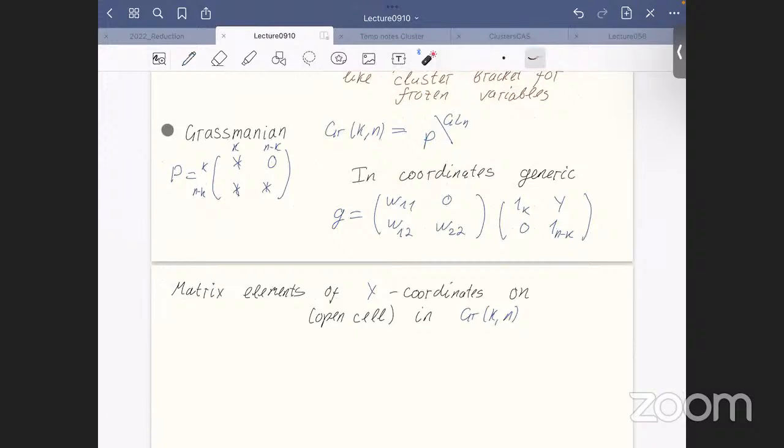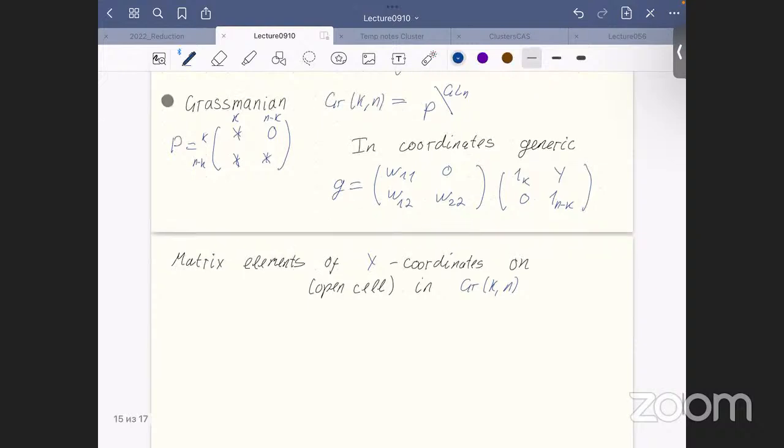In other words, we take a submatrix of G which consists of the first k rows, and multiply by a k by k matrix W11, so that the first k by k minor of G is equal to the identity matrix, and the remaining part is denoted by y.